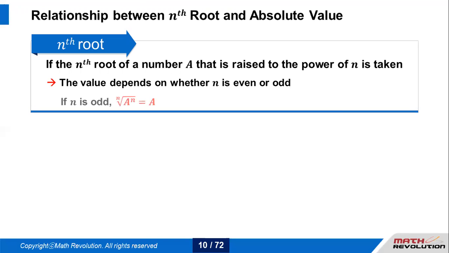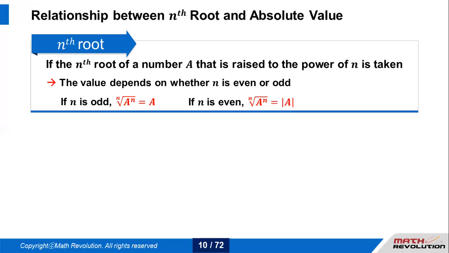If I'm taking the nth root and the power is the same, if n is odd, I'll get a. But if n is even, I'll get mod a. Make sure you remember this trick and tip. It is pretty direct and it would be applied in almost all the questions today.